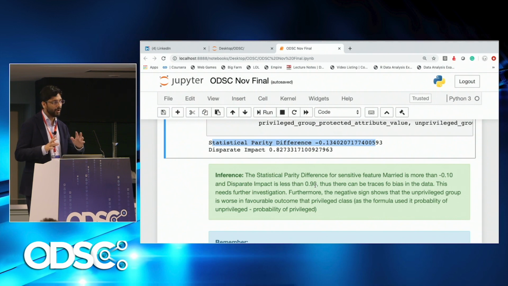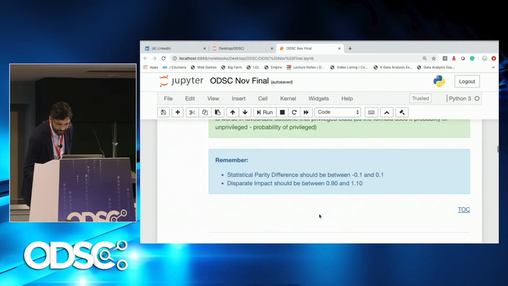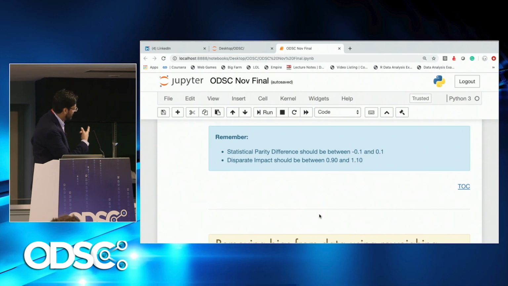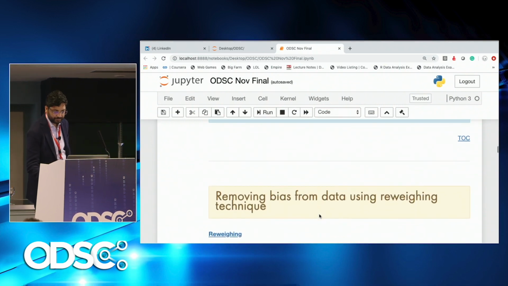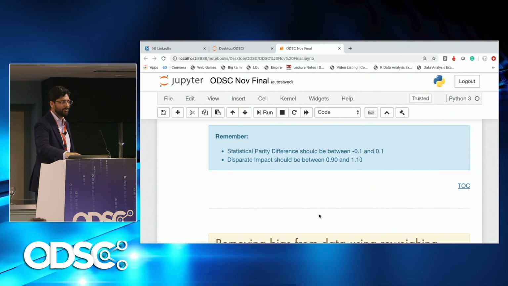I'm not concluding that there is a bias or not. I'm saying that this requires further investigation, right? And let's investigate. Again, remember, statistical parity should be between -0.1 and 0.1, and disparate impact should be between 0.90 and 1.10. These are your numbers. You can define your numbers at the beginning of the project, not after doing the test.